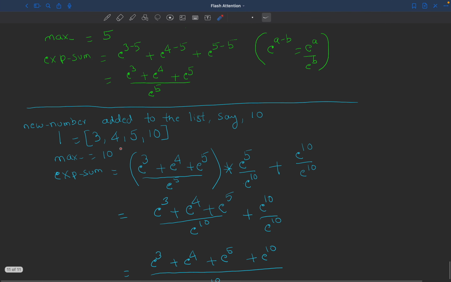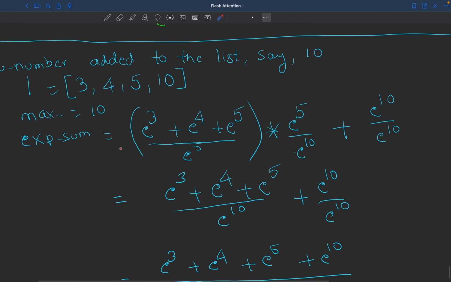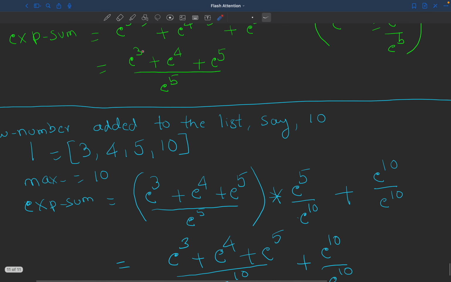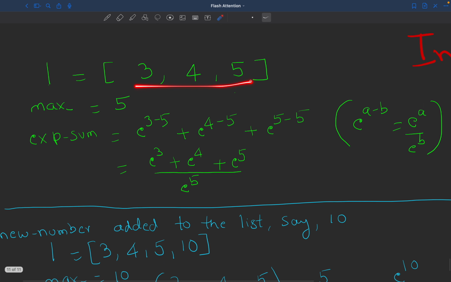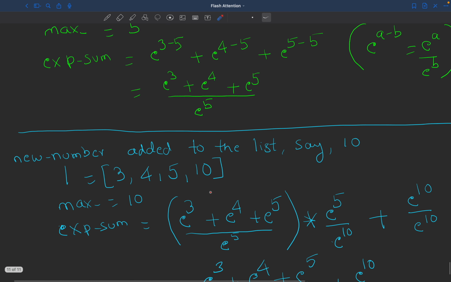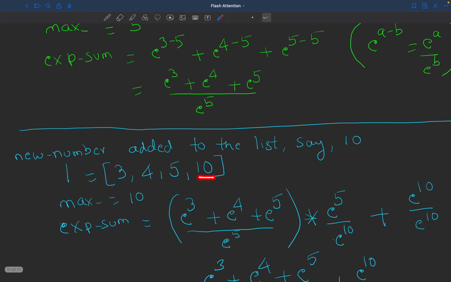Let's have a look. Whatever we have previously, that means e raised to 3, 4, 5, we multiply by e raised to 5. Why? Because till here the maximum was 5, and we already divided by e raised to 5, as the Softmax formula requires. But now we found a new number, 10. That means we need to undo the changes we have done here.